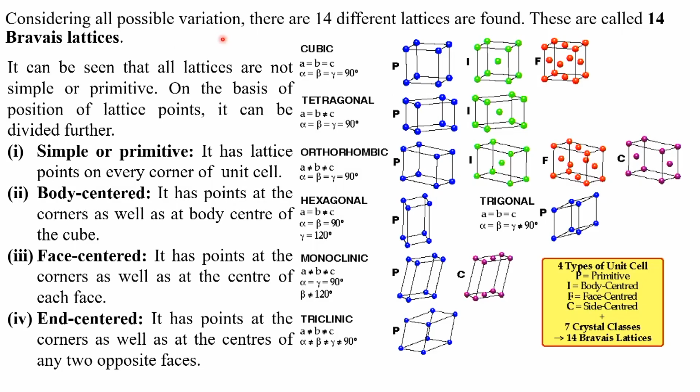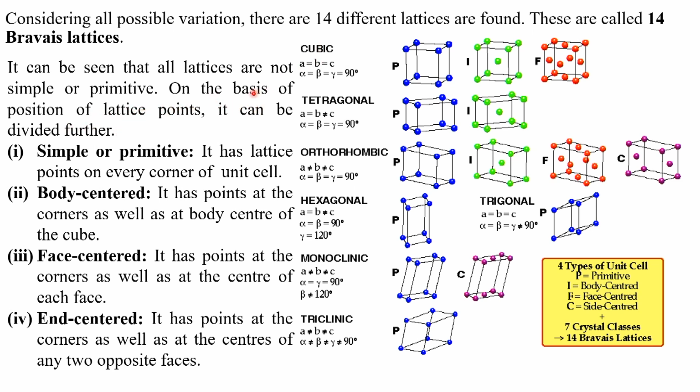So considering all possible variations, 14 different lattices are found. These are called the 14 Bravais lattices. It can be seen that not all lattices are simple or primitive. On the basis of the position of lattice points, they can be divided further.